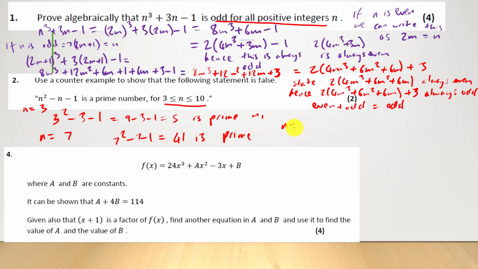Let's try n equals 8. So we're going to get 8 squared minus 8 minus 1 equals 55. We know 55 equals 11 times 5, so not prime, and you're done.